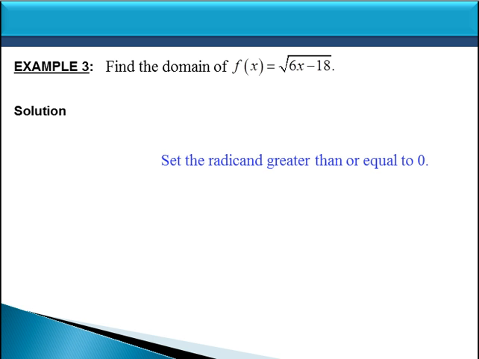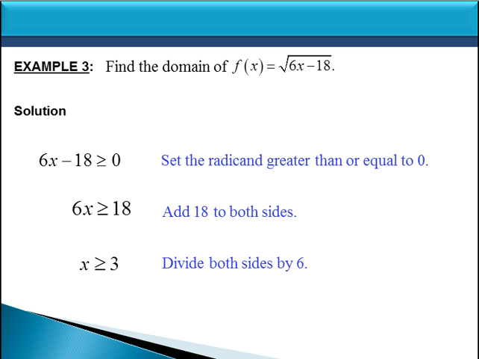So we start by setting the radicand greater than or equal to 0, and then we solve that inequality. So we would add 18 to both sides, and then divide by 6 to get our solution here, which is x must be greater than or equal to 3. So that's our description of our domain.